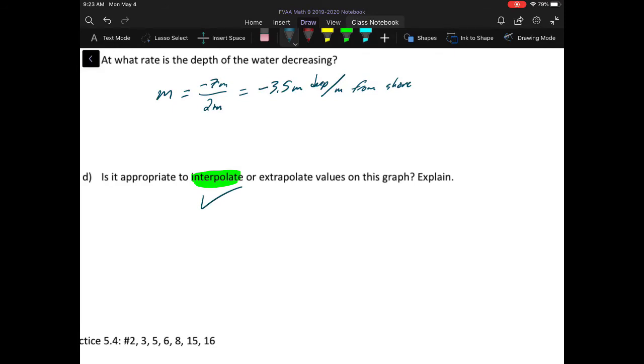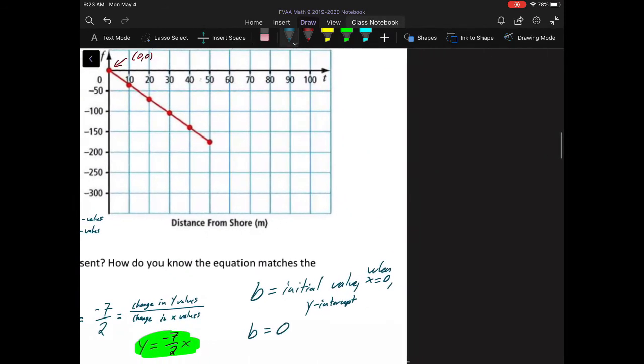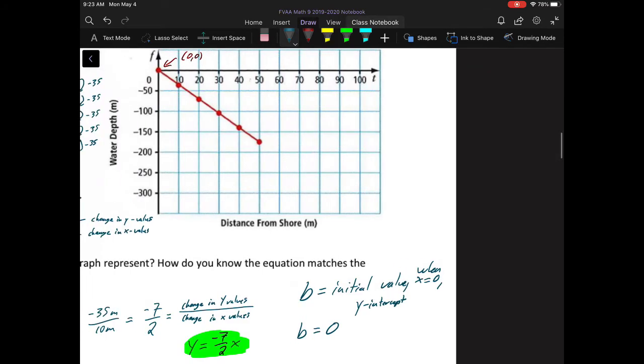What about extrapolate? Here we can extrapolate a little bit because we know that the maximum depth of the lake is 614 meters, which is quite a bit lower. So we could probably extrapolate a little bit. However, could we extrapolate forever? Is the lake infinitely deep?